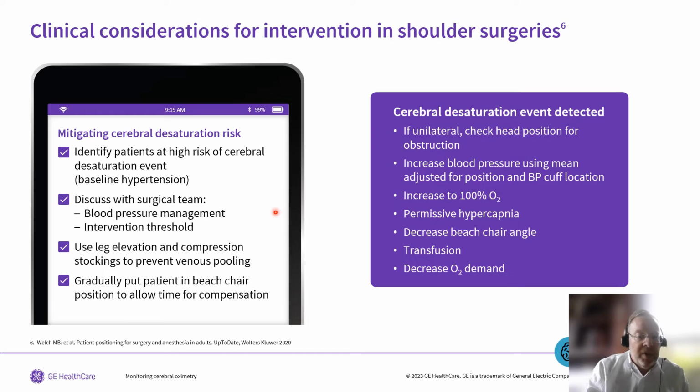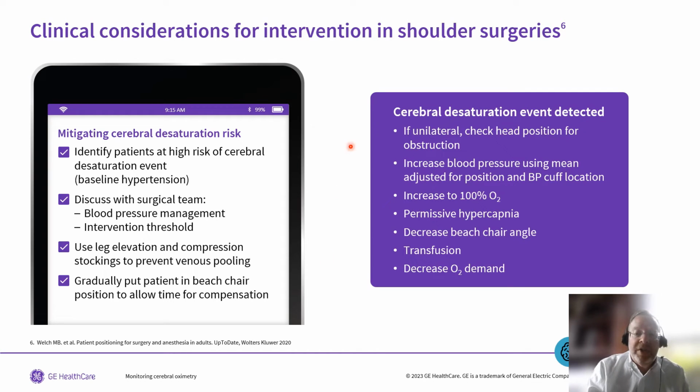Make a plan with the surgical team for blood pressure management, what the intervention threshold is, and what level of hypotension should be allowed. Use things like leg elevation and compression stockings to prevent venous pooling that would lead to decreased cardiac output and decreased cerebral perfusion. Gradually put the patient into beach chair position to allow time for adequate compensation, and use the lowest possible angle that you can to put those patients into beach chair positioning.